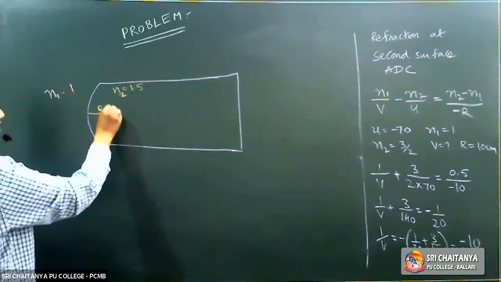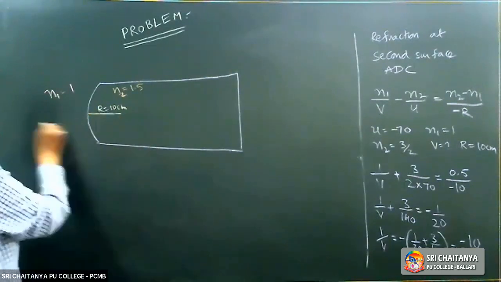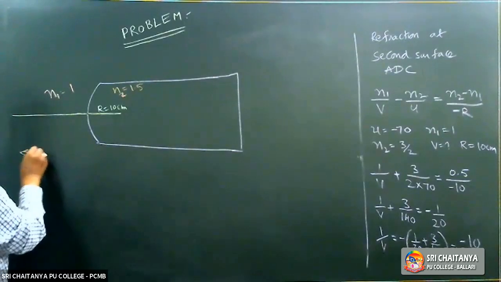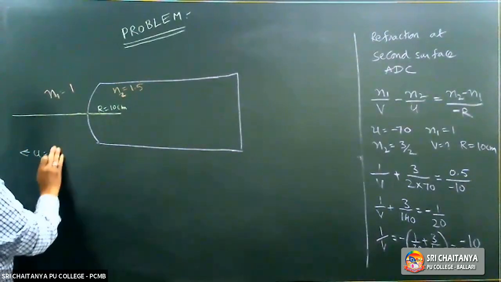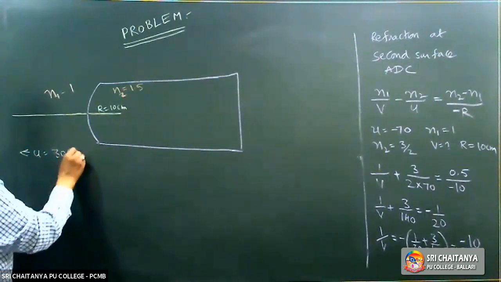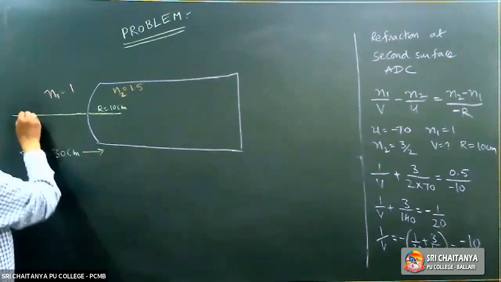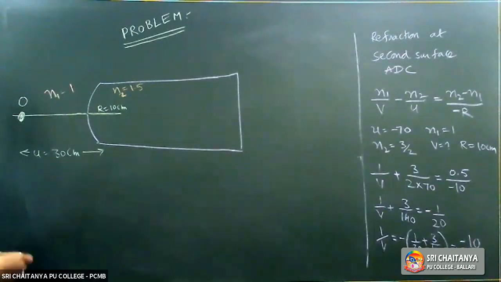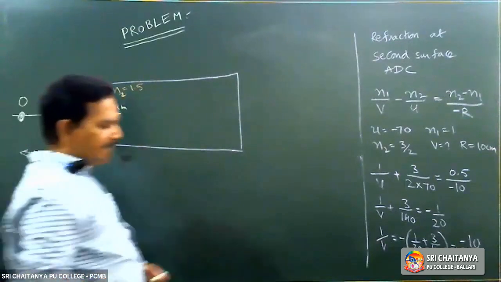R value 10 centimeters. An object is kept on the principal axis at a distance of 30 centimeters from the surface. I want the final image due to this entire system.